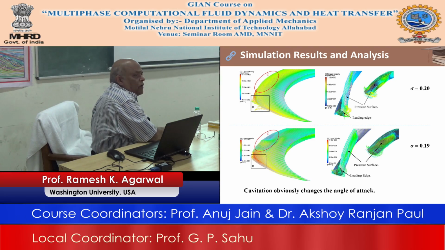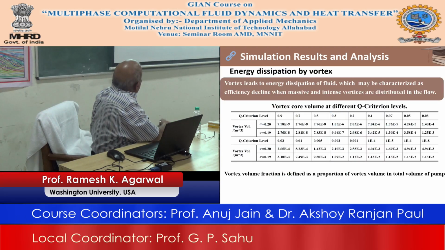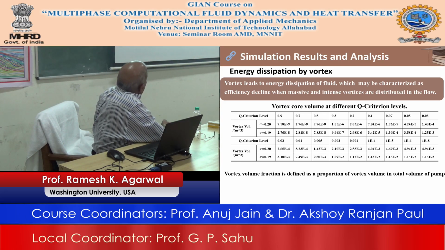So in this particular calculation, these are all Q criterion levels for all the cases that were run. Again, I am not going to go into this. This is a final chart showing the vorticity generated, with a blue line and a yellow line. If sigma is 0.19, which is the cavitating case, you see this, and if it is 0.2 it is this one.